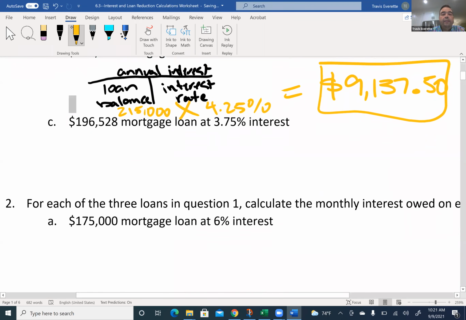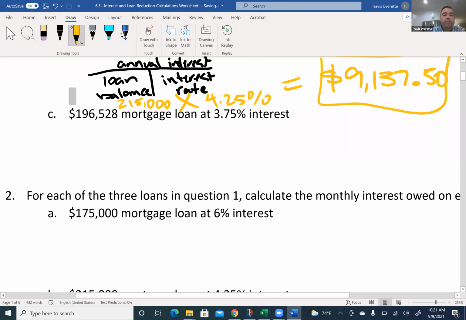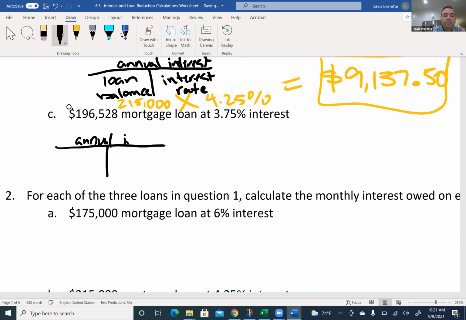All right, C, and they want the same thing here. They want to know annual interest. C gives us essentially the same question. So the annual interest. And yes, I know it takes a while to write this formula every time, but I promise you, if you are writing it out every time when you're doing these worksheets, you will know the formula.